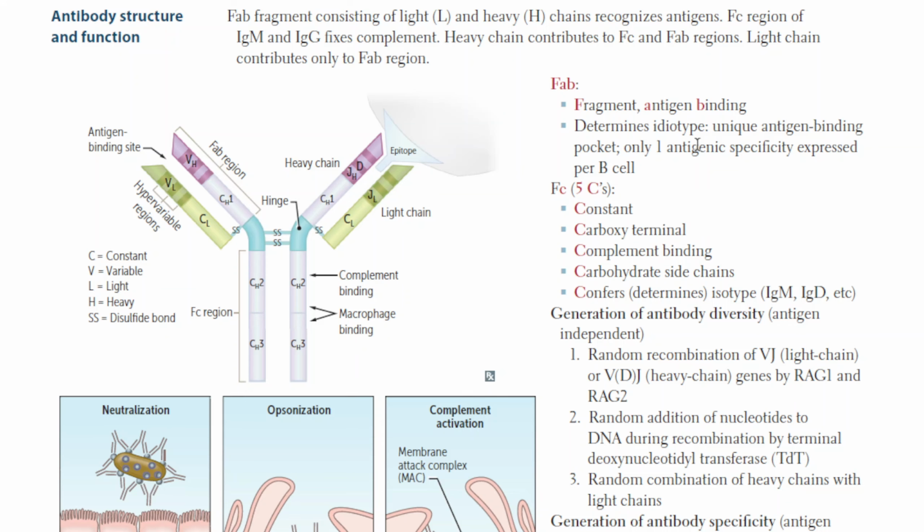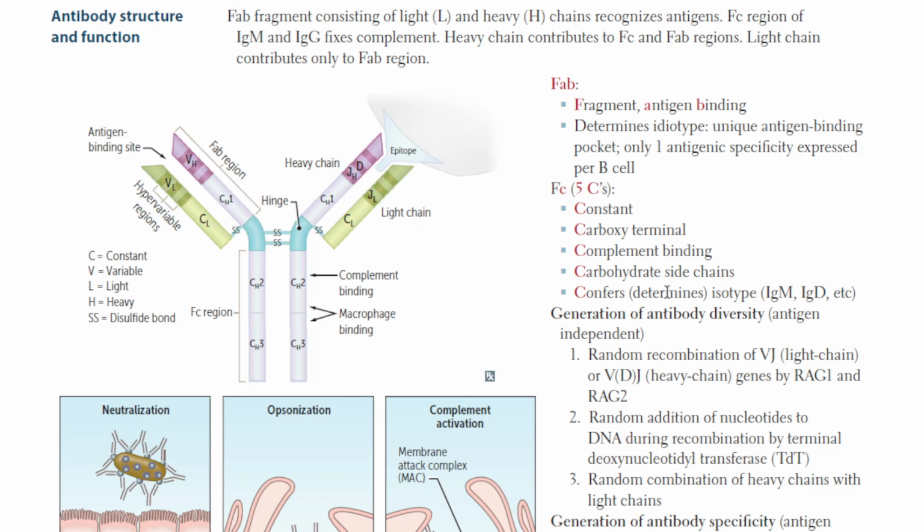So the other part, the FC part, we have here the 5 C's. It's constant. It forms the carboxyl termination. You can see here CH carboxyl termination is the complement binding place, complement binding, carbohydrate side chain, and constant.